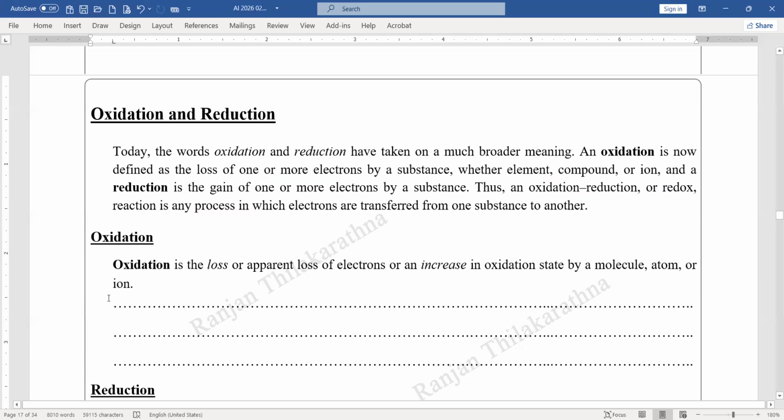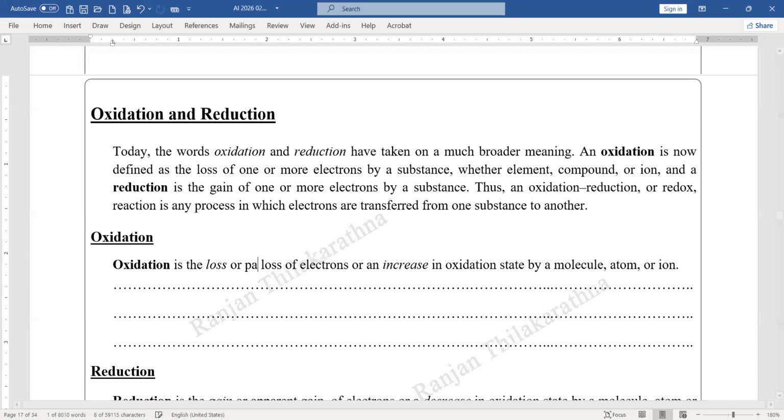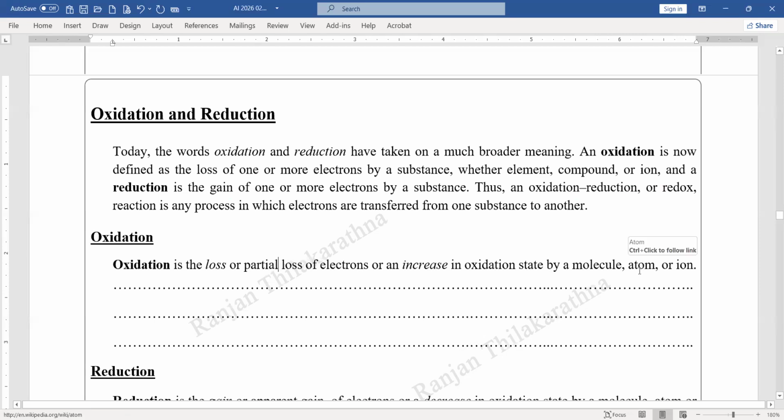Simply, you can say that oxidation is the loss or partial loss, or sometimes we call it apparent loss, of electrons, or an increase in oxidation state by a molecule, atom, or ion. Oxidation means the loss or partial loss of electrons.